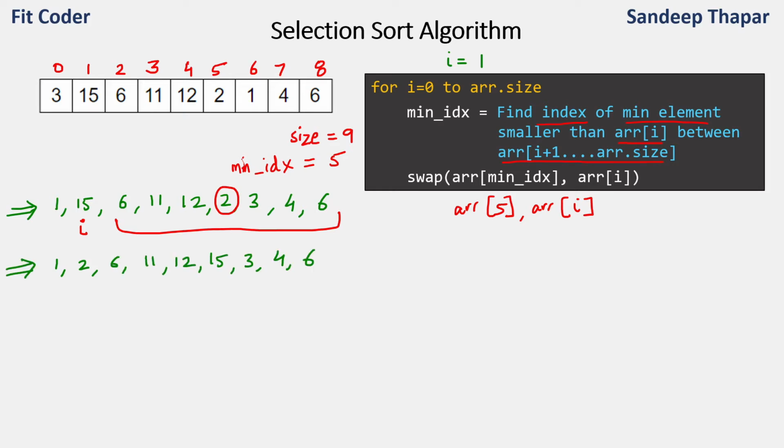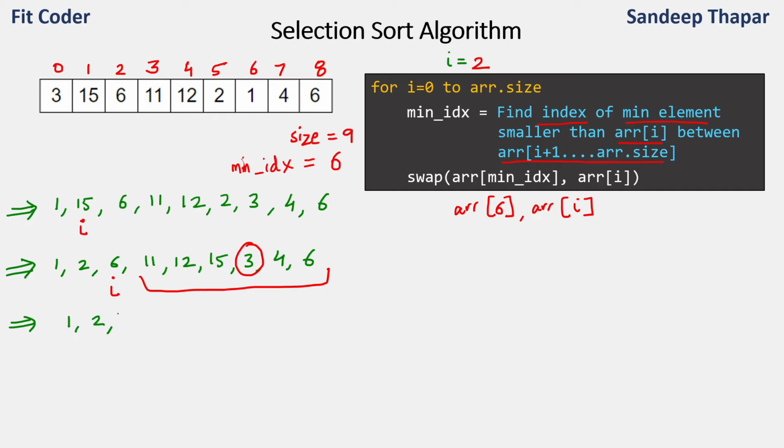Now in the next iteration, I comes at second index. We need to find the minimum element between these two indices. The minimum element here is 3, which is less than 6. So the minimum index is 6 because 3 is at the 6th index. We'll swap array of 6 with array of I, so 6 will be swapped with 3.